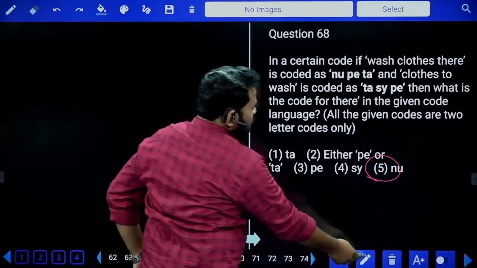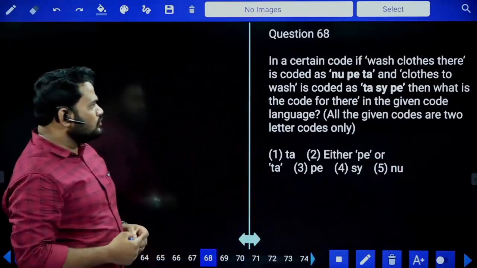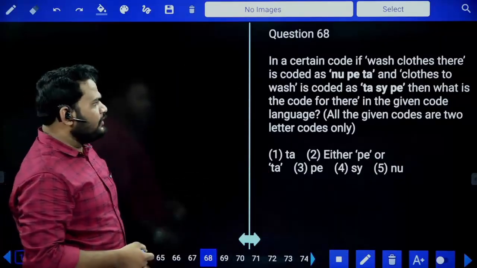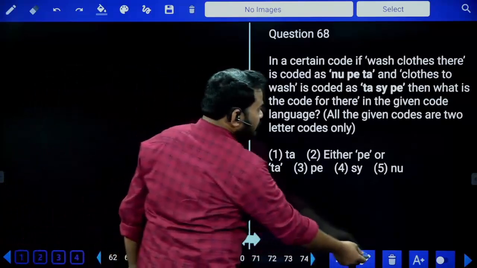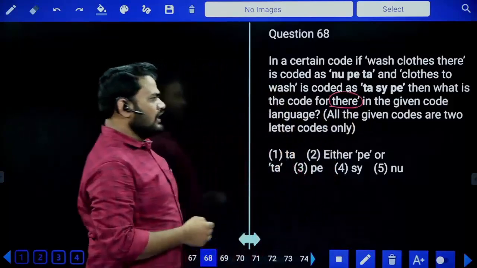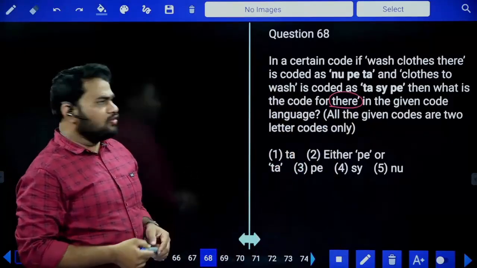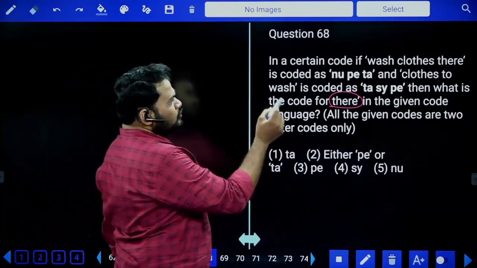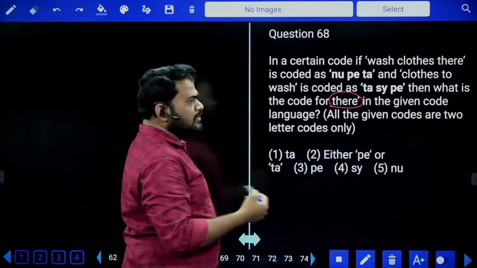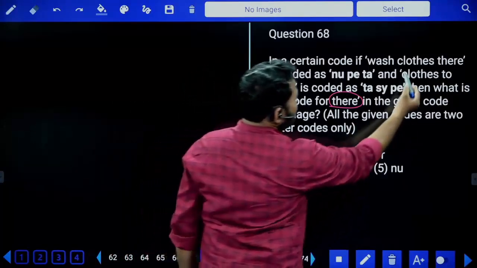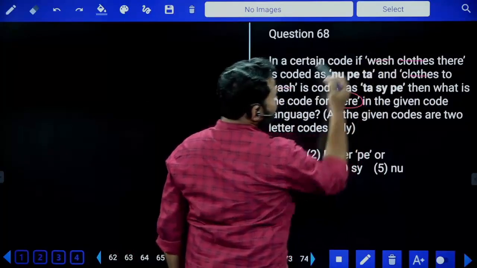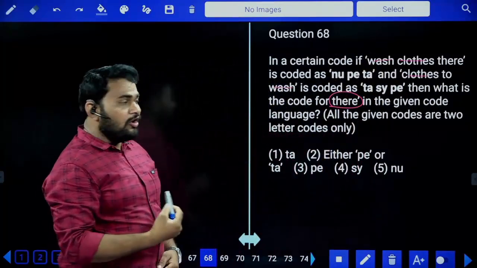Next, in a certain code, if wash clothes there is coded as that one. If this type of question is given to us, directly read the question: what is the code for there in the given code language? We just need to decode the word there. So wash clothes there, clothes to wash. Eliminate the common words: here common words are clothes and wash, and then eliminate the common decoding elements also.